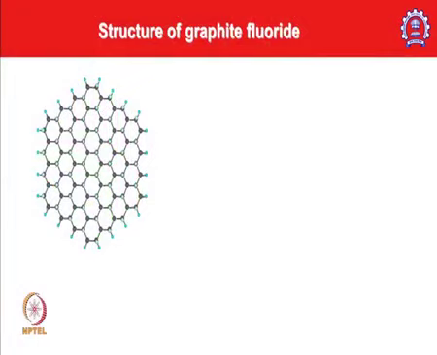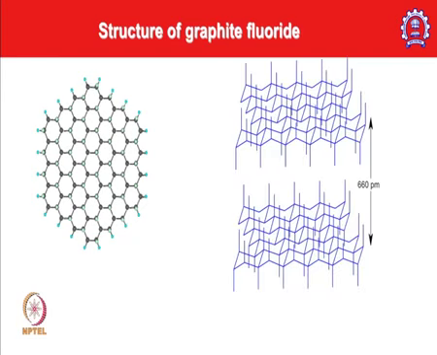I will show you the structure of graphite fluoride. Here you can see graphite fluoride, you can see the plane of graphite and fluorine atoms coming out perpendicular to the plane. In other words, because of removal of pi electrons and addition of fluorine atoms, it is no longer having sp2 hybridization.